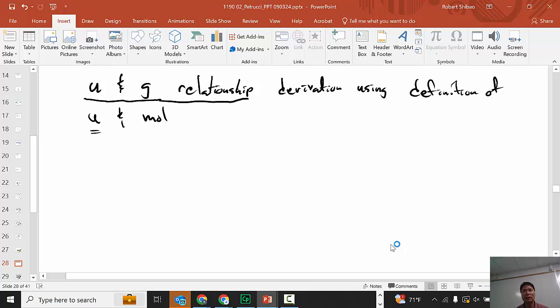Not 1 U, it's 12 U. That's correct. 12 U is defined as what? The mass of 1 carbon-12 atom or nuclide. And so this is the definition of the U. What is the definition of the mole?